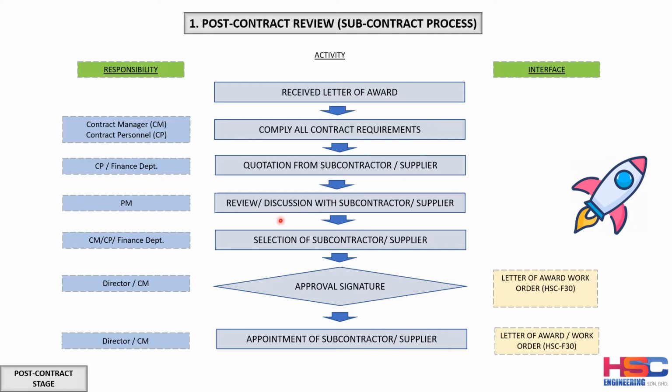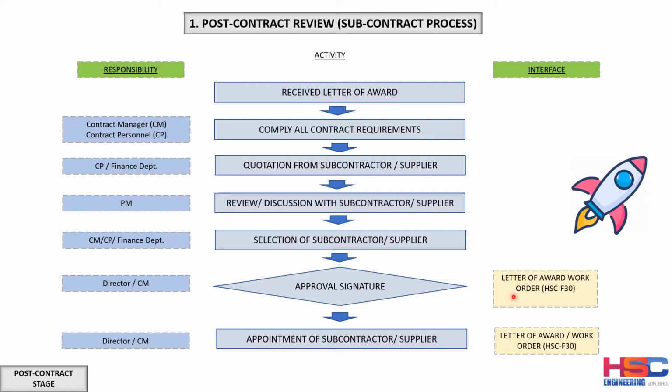Then they will have a review and discussion with the subcontractor once they receive the quotation, by the project manager. And the contract manager will then make a selection of the subcontractor and the supplier, and this will go to the director or the contract manager to obtain the approval signature from the managing director.